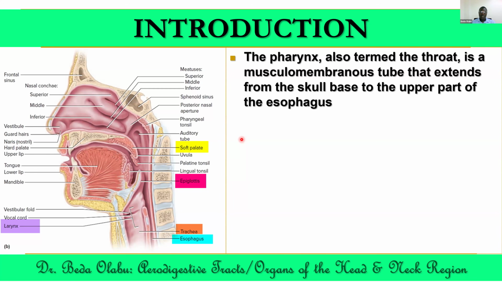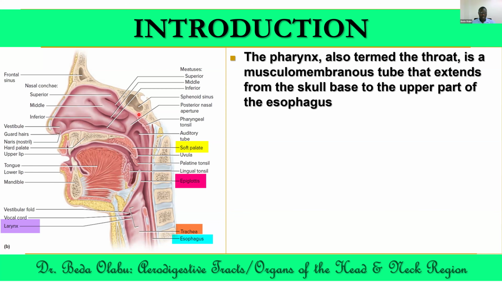The pharynx is also known as the throat. It's a muscular membranous tube that extends from here, the base of the skull, to around here, the upper part of the esophagus. So it's a very long tube.